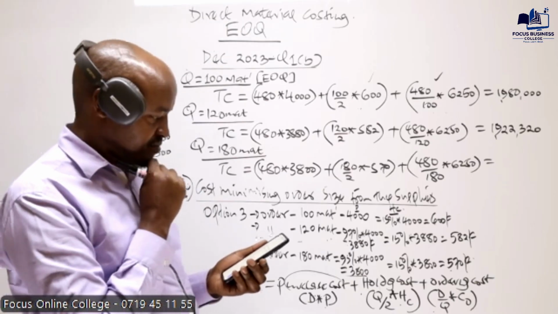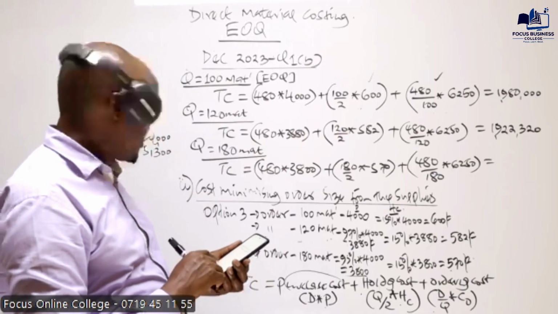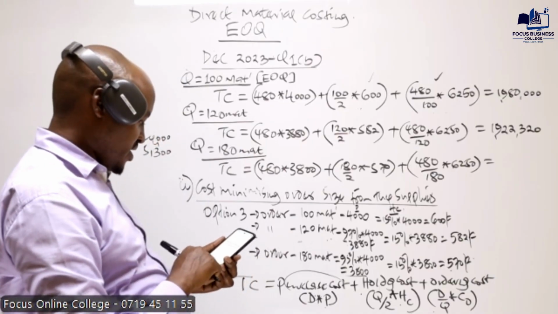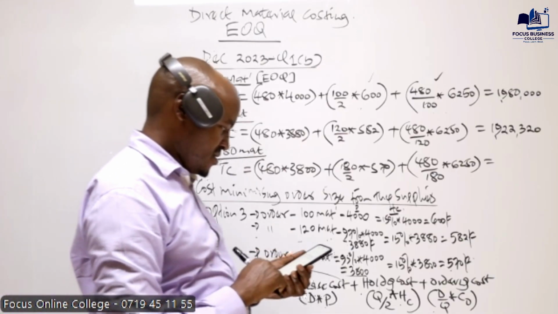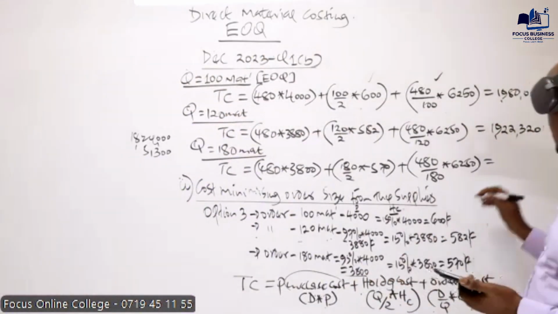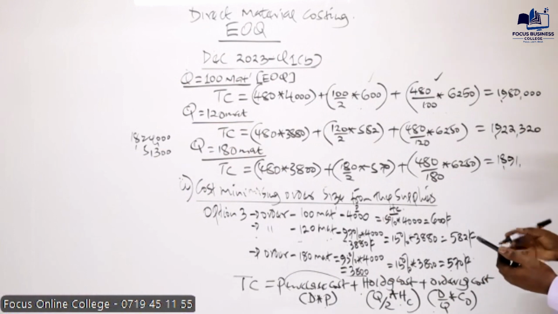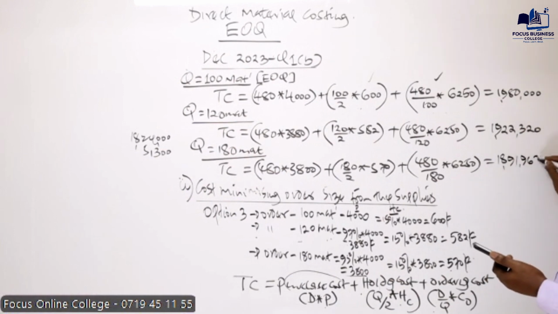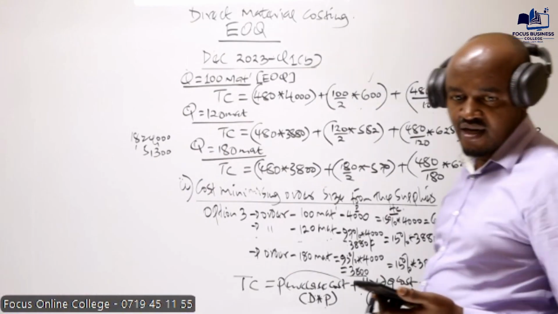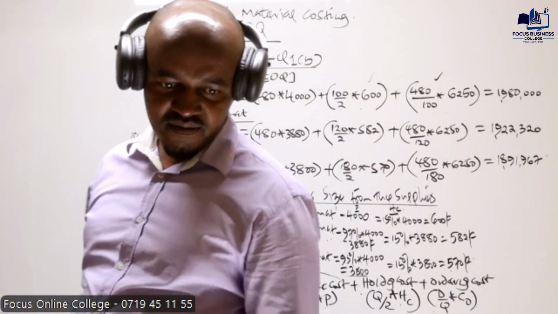What are you getting? 1,91967? Is that what you're getting?